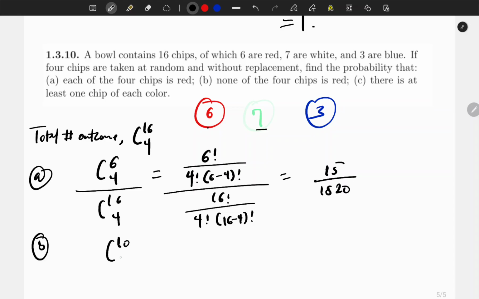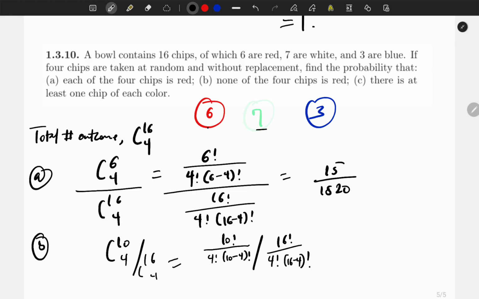That means that out of 10 we pick 4, over 16 combination 4, and that gives us 10 factorial over 4 factorial times 10 minus 4 factorial, divided by 16 factorial over 4 factorial times 16 minus 4 factorial. Then you can also verify the solution of this. This should give you 21 over 130.